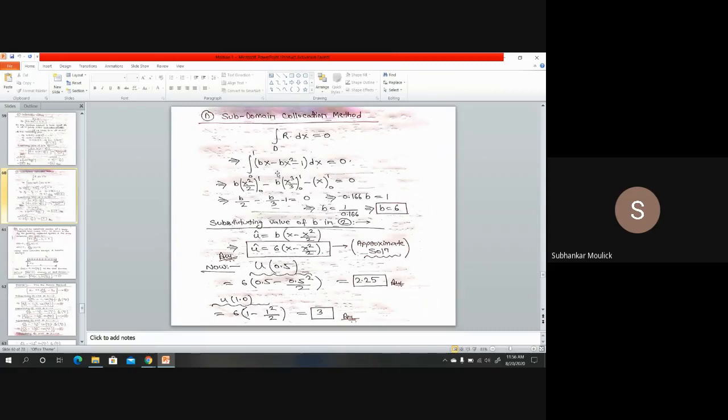You integrate it. After integration, you will get the value of b as 6. Again, if you compare, in subdomain method, value of b is 6. In your point collocation method, it is 4 point something, in your Galerkin method 5 point something, and in least square method 16 point something.